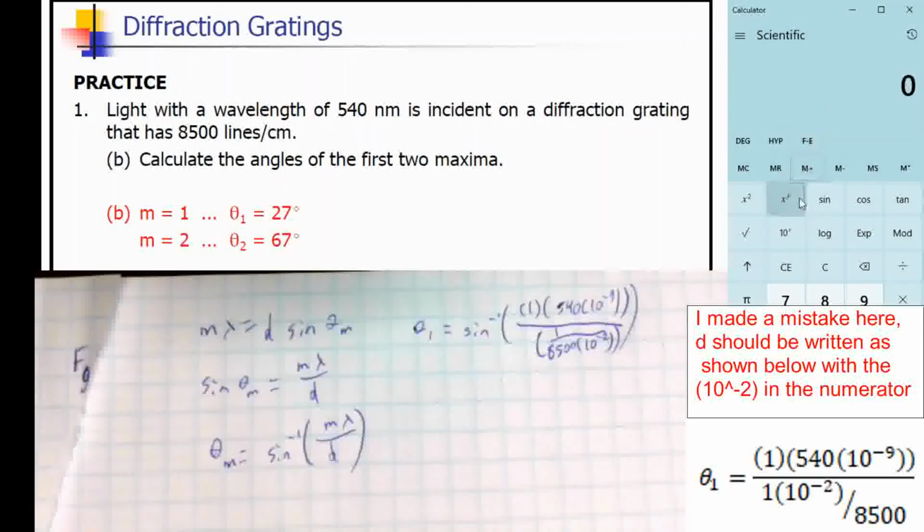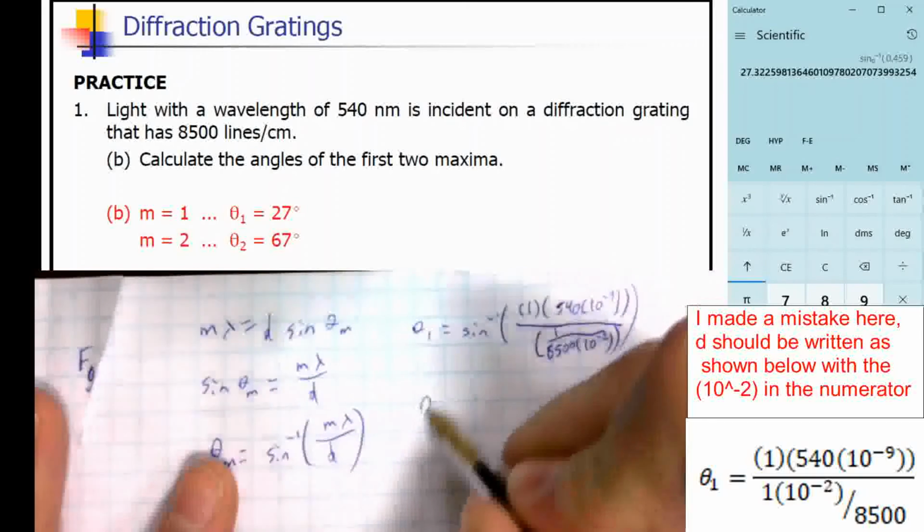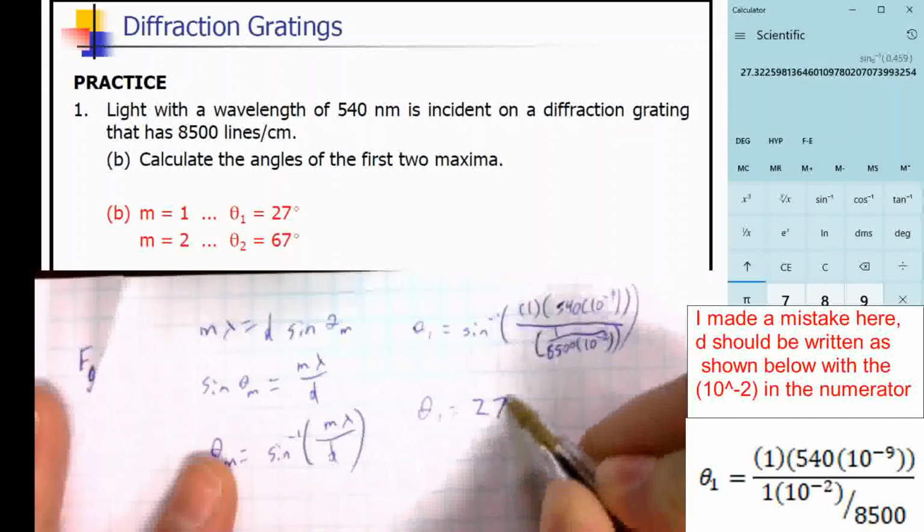But to calculate it, I do have it stored in memory. It's here. So I will do 540 times 10 to the power of negative 9, and I'll divide that by my stored value here, which is 1 over 8,500 centimeters. This is the value I get, and I will inverse sine that. I get 27 degrees. So theta 1 is 27 degrees.